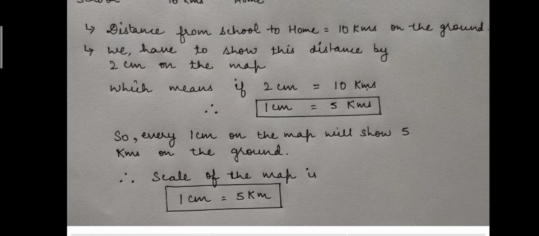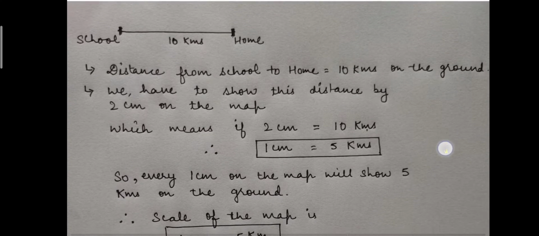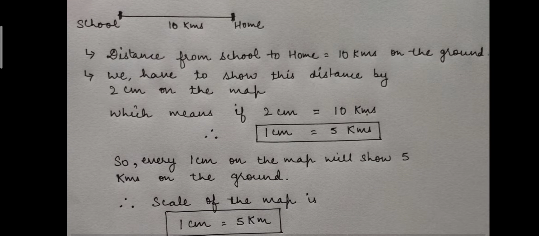So children, this was the example to show you how the scale of the map works. I'll tell you again that the scale of the map is the ratio between the actual distance on the ground to the distance on the map, or to the distance shown on the paper.